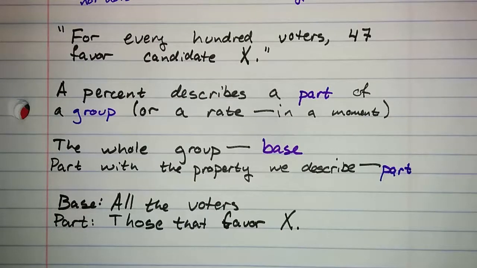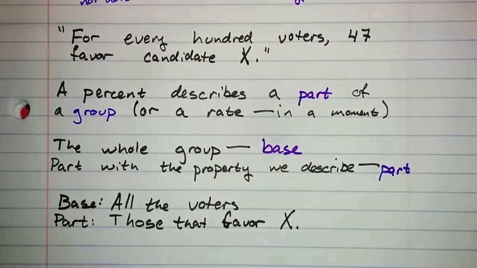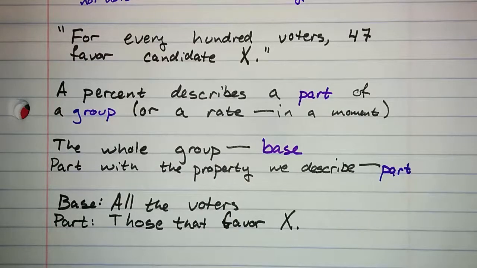We'll think about that later. For now, this describes the fact that if I took 100 typical voters and put them together in a room, I expect that 47 of them are going to be in favor of candidate X.